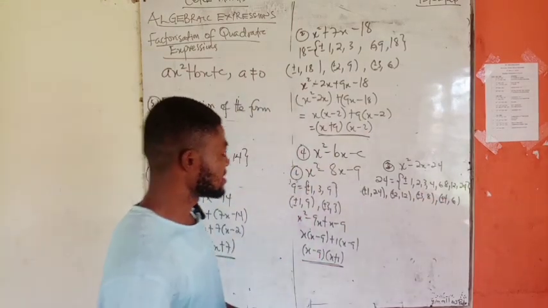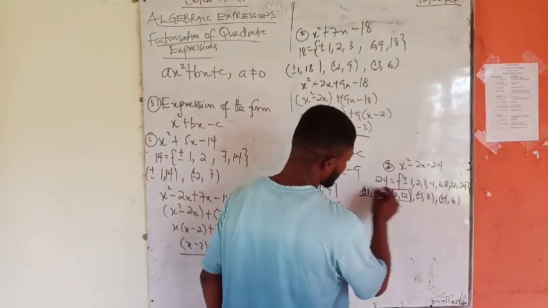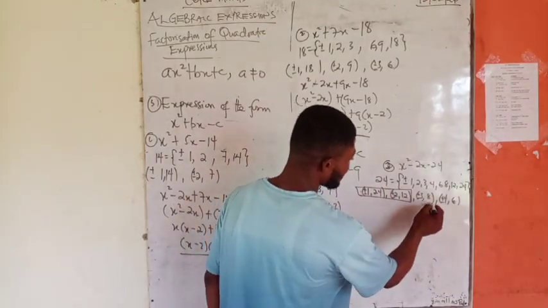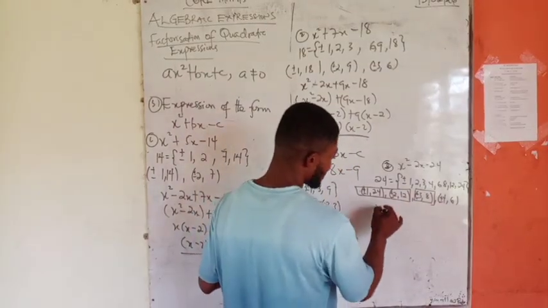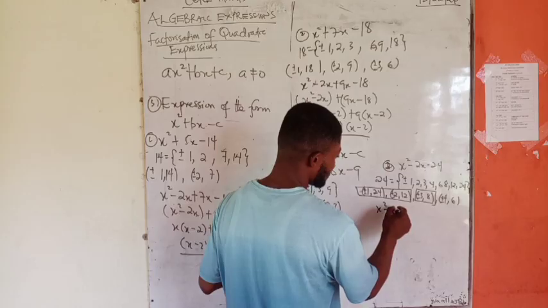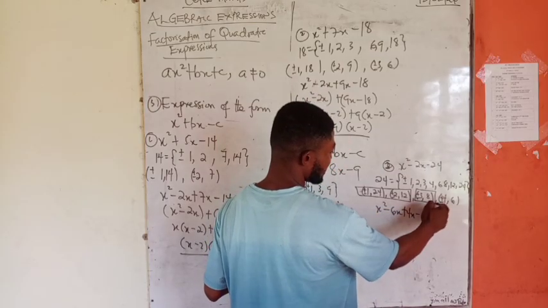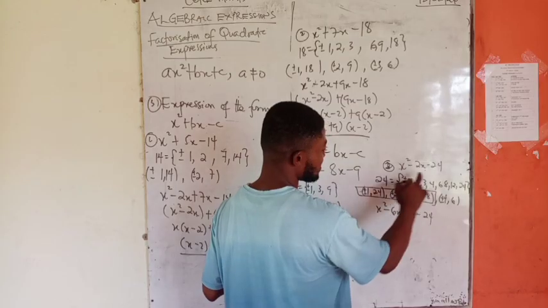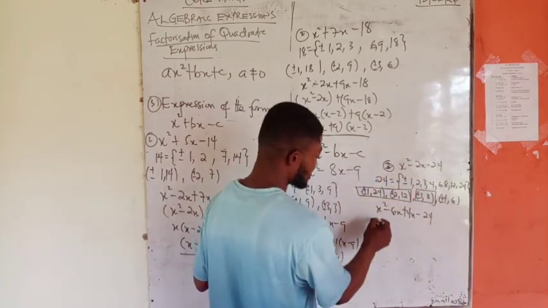Let's rule these out and focus on the last one. x squared minus 6x plus 4x minus 24, because when I put negative 4 here and then positive 6, I'll get a positive number which is not in the question. So this is the best way.